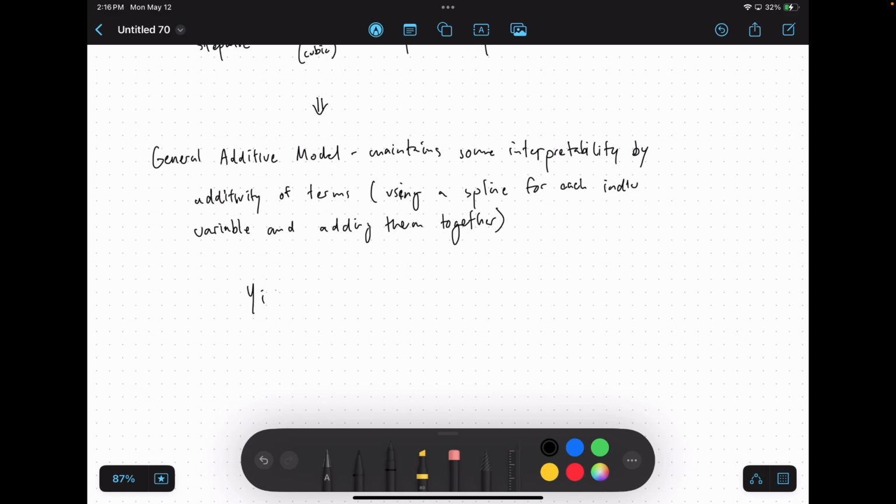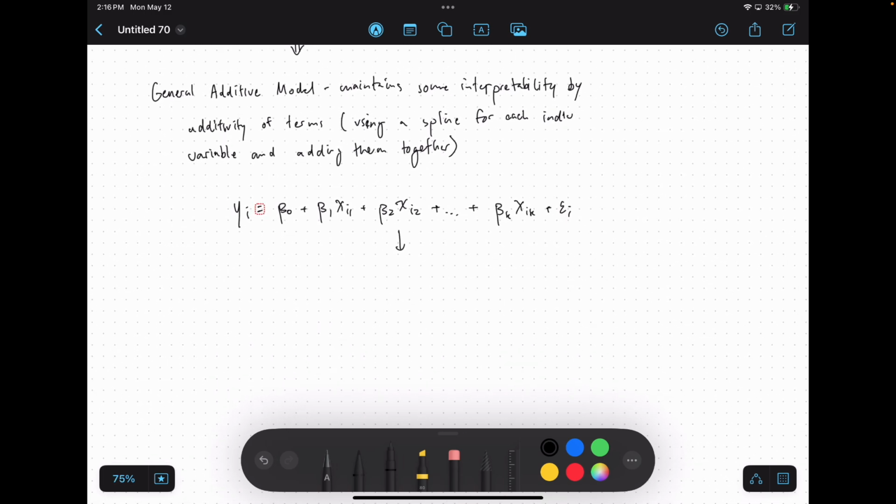So let's think about a regression like this, a linear regression that we've seen plenty of times by now. I may do a slight transformation where I'm doing something like this, where this is my smoothing function.